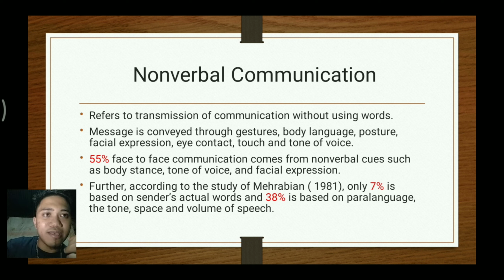So non-verbal communication is very important in conveying a certain communication. According to the studies, 38%, imagine, compared to 7% from the words themselves. That is a very huge percentage.